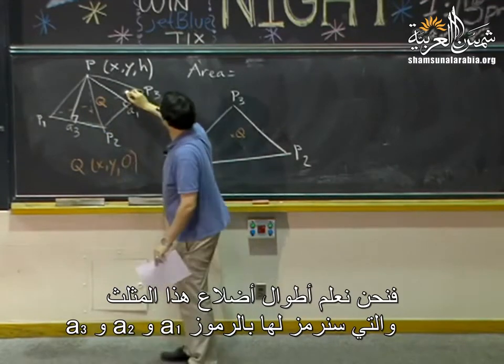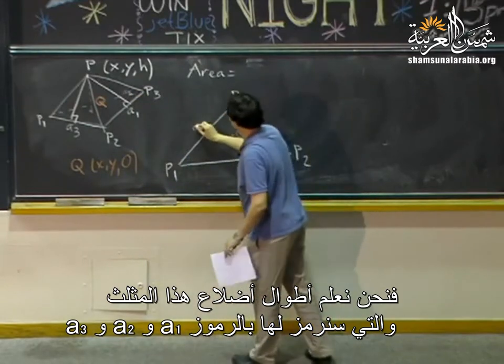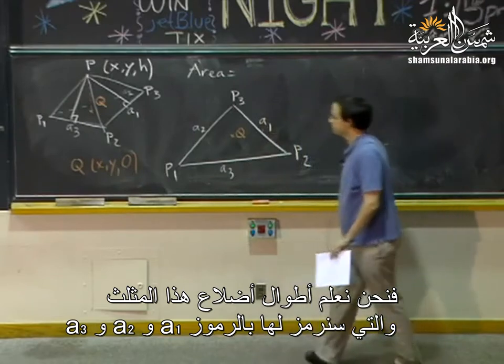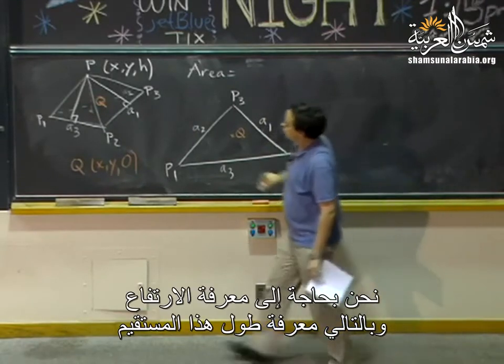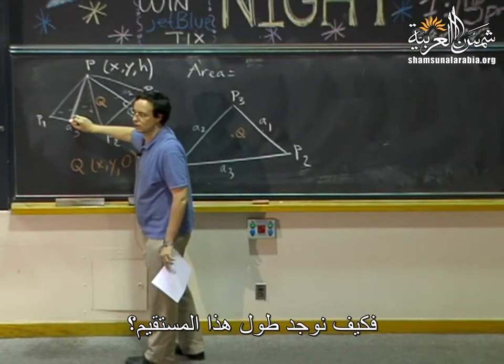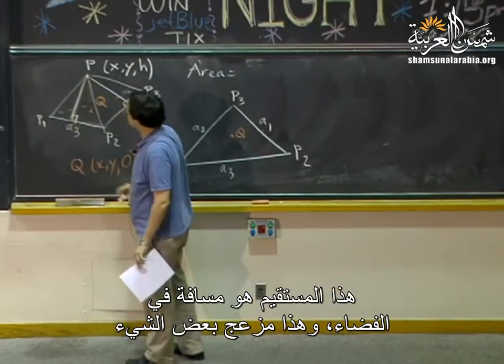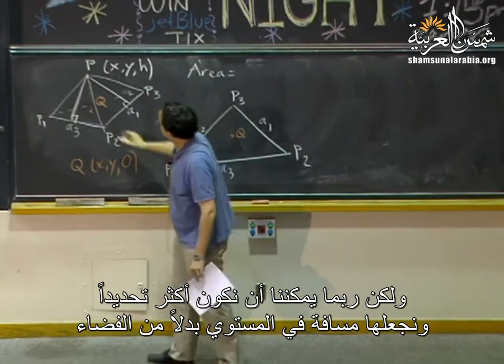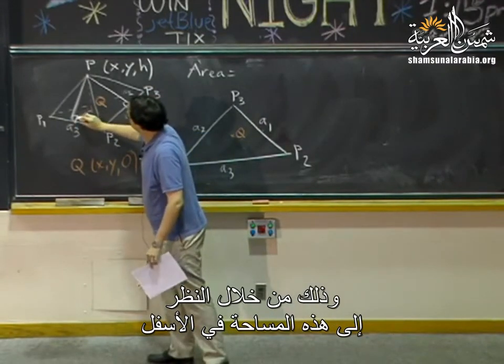I know the sides of this triangle. Let me call the lengths A1, A2, A3. I also need to know the height, so I need to know these lengths. How do I know these lengths? Well, it's a distance in space that's a little bit annoying. But maybe I can reduce it to a distance in the plane by looking instead at this distance here.